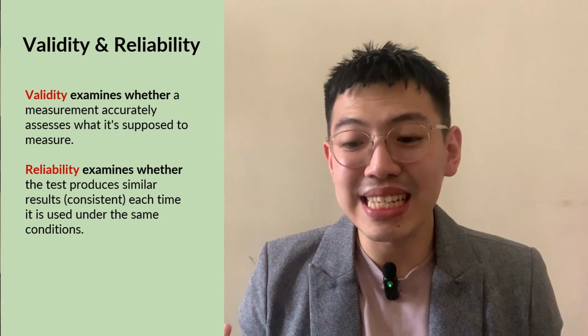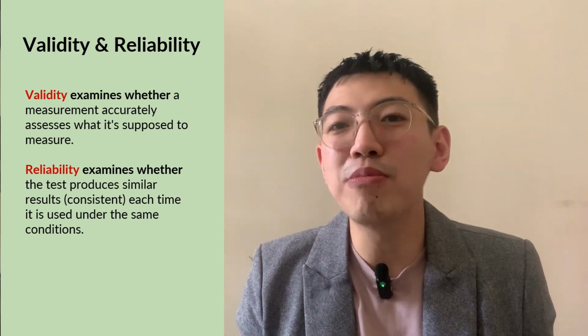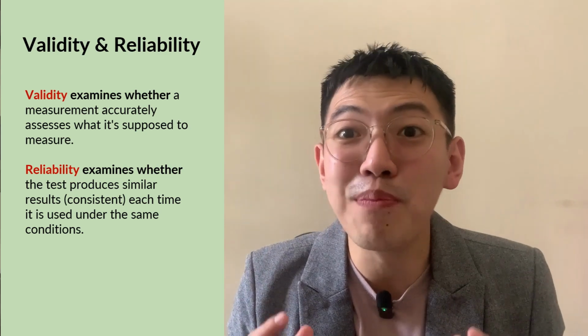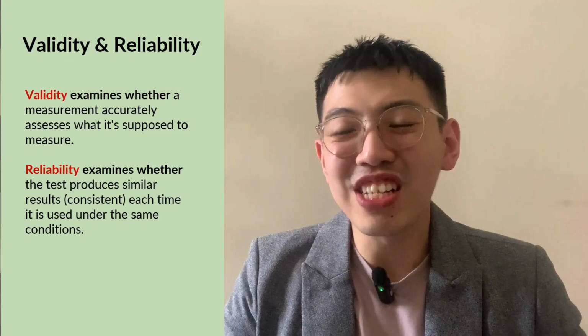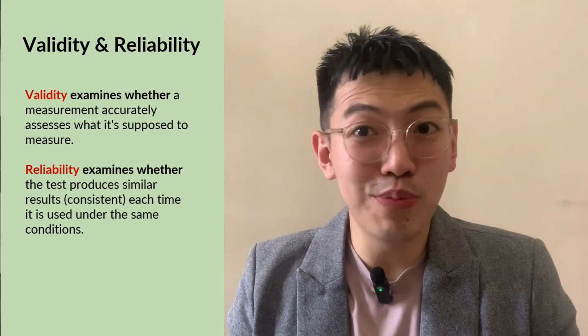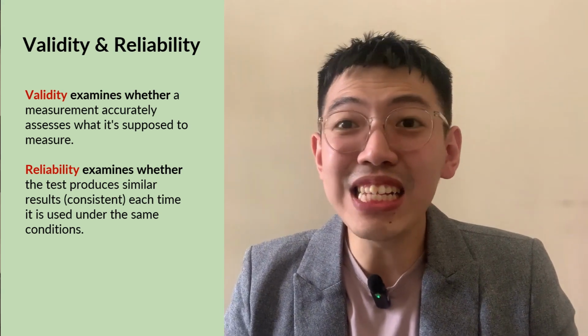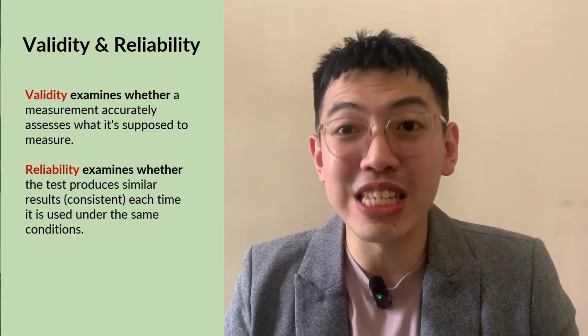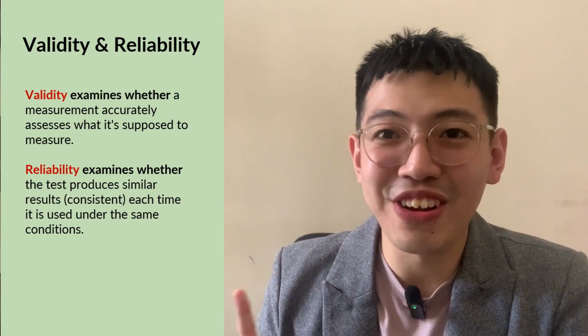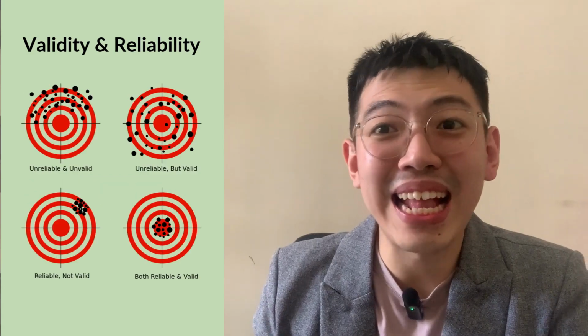Reliability is the extent to which the outcomes are consistent when the experiment is repeated more than once. It talks about consistency. For example, the questionnaire is distributed twice and the answer of the respondent is mostly consistent, it is reliable. This is the comparison diagram about validity and reliability.